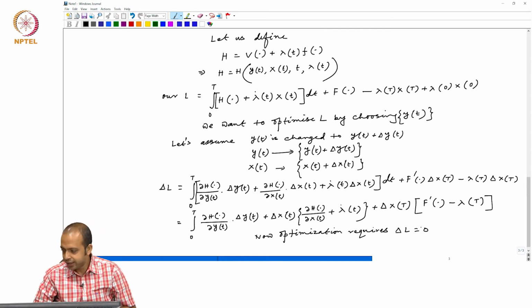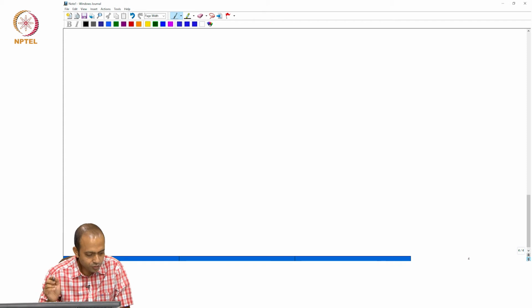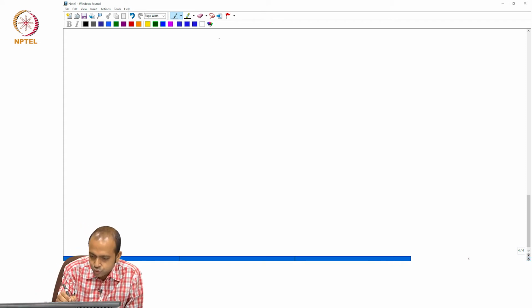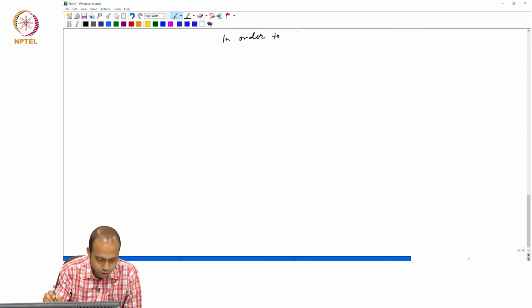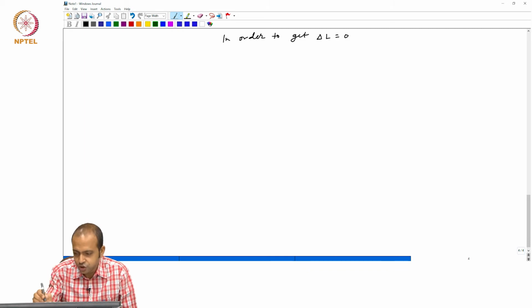If we put delta L equal to 0, in order to get delta L equal to 0, basically we need to get three conditions.